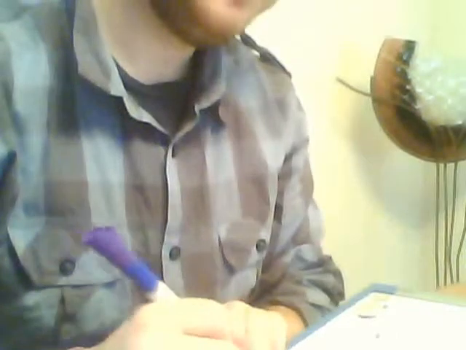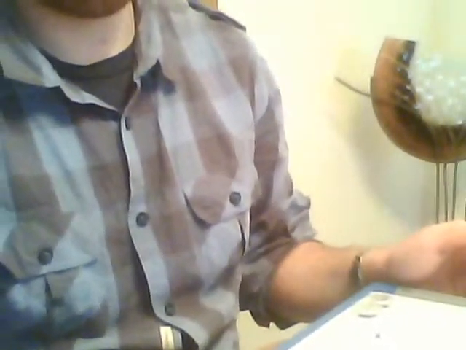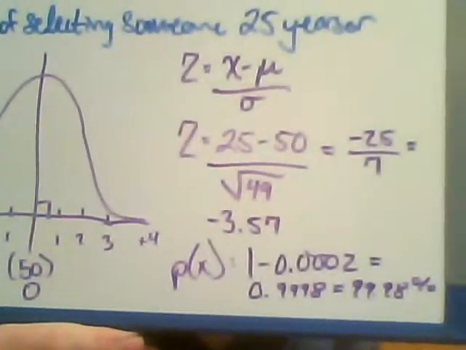And you can find that by just taking 1, our entire population, minus 0.0002, and you end up getting 0.9998, which is like 99.98% of your population will be 25 years or older, based on this question. So that would be your final answer to the problem.